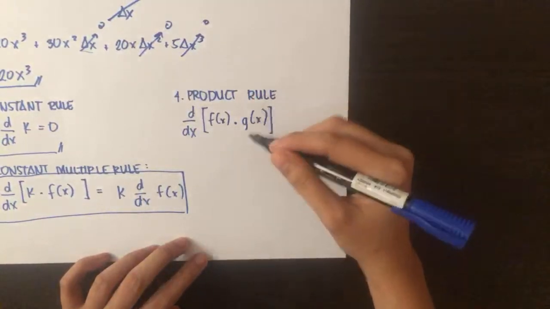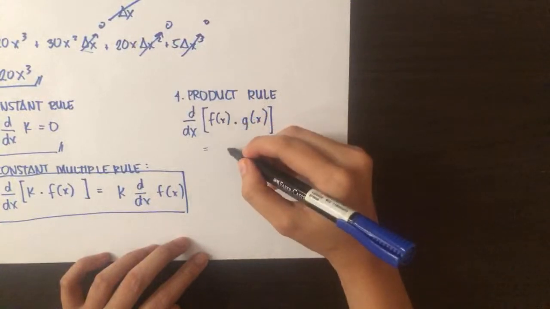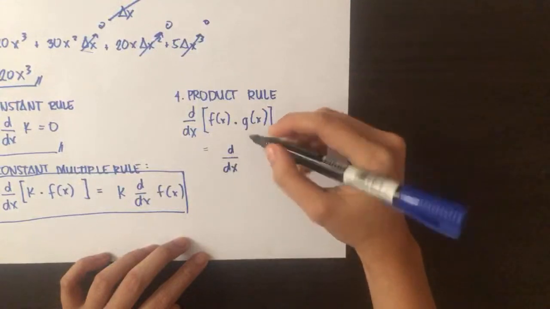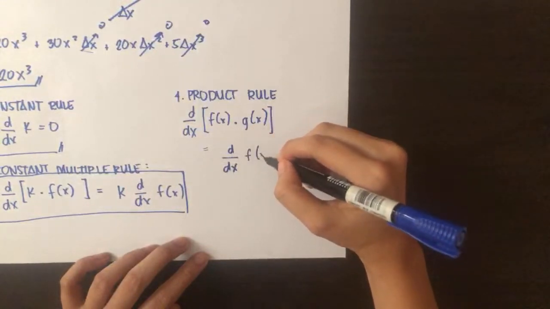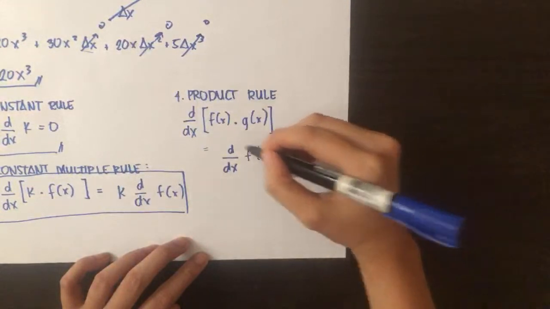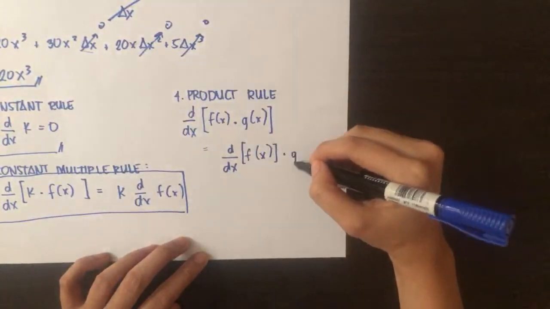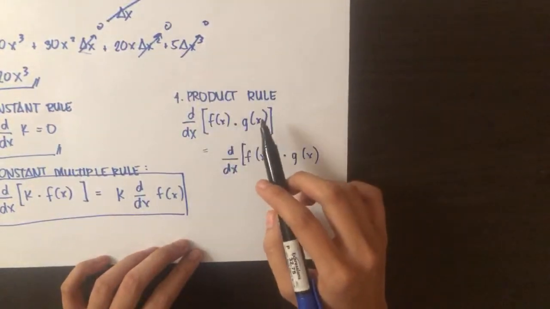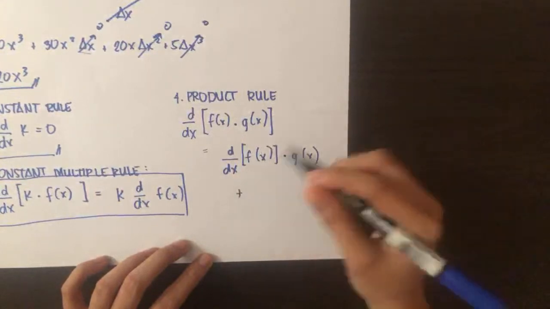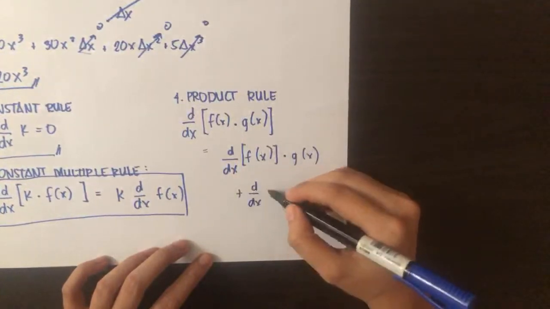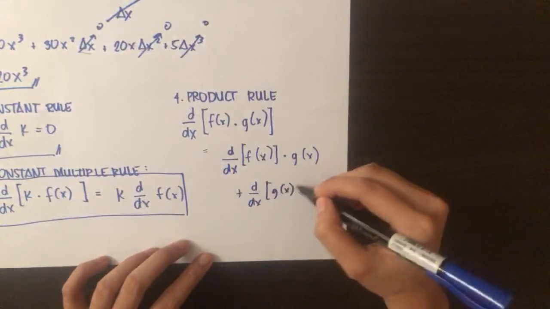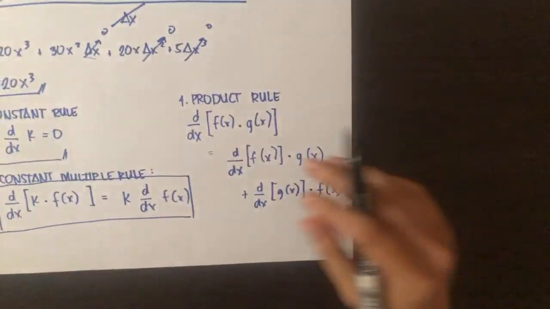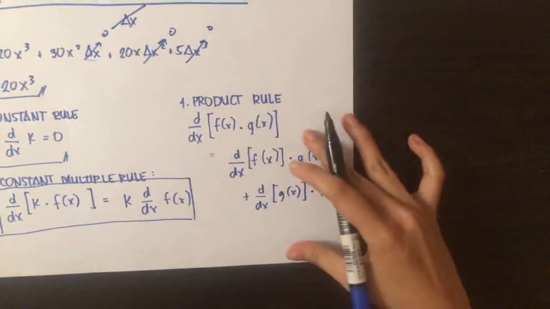Ayan, ang formula nito is d over dx of f of x times g of x. So, kukunin mo muna yung derivative ni f, tapos ita-times mo siya kay g, plus, kukunin mo yung derivative ni g, at ita-times mo siya kay f. Ayan. So, example, mamaya na.